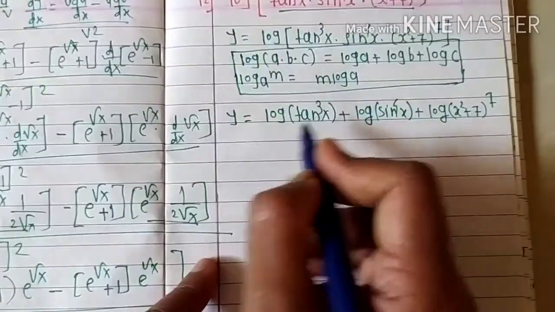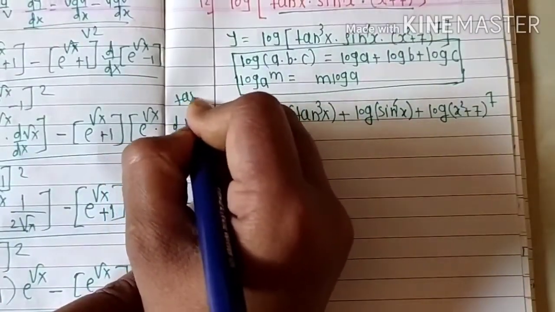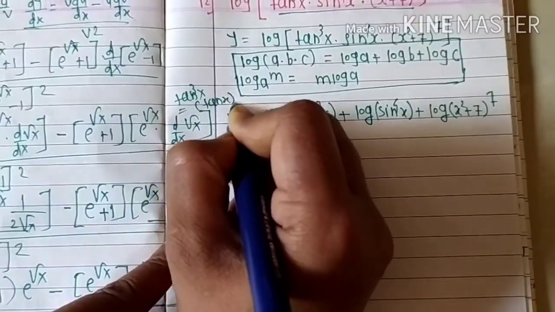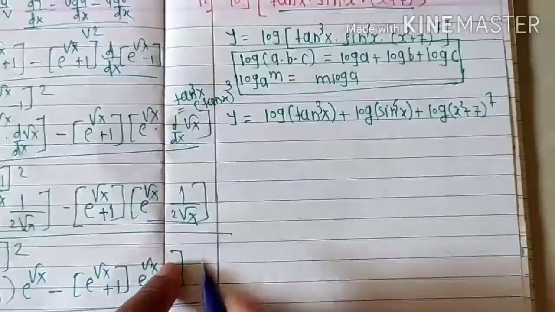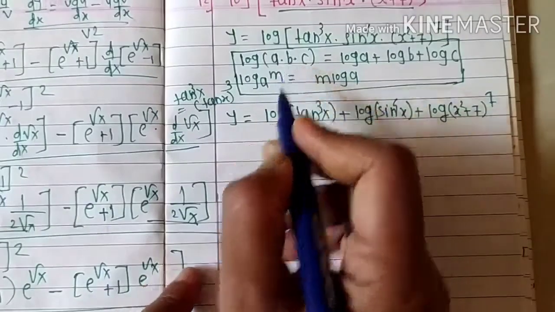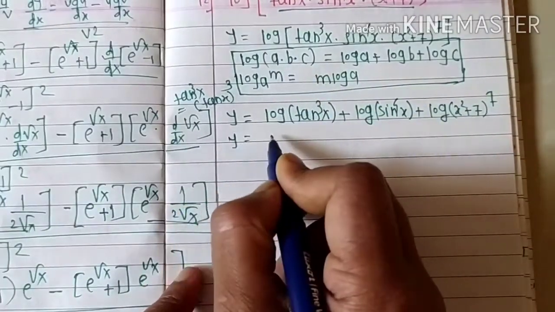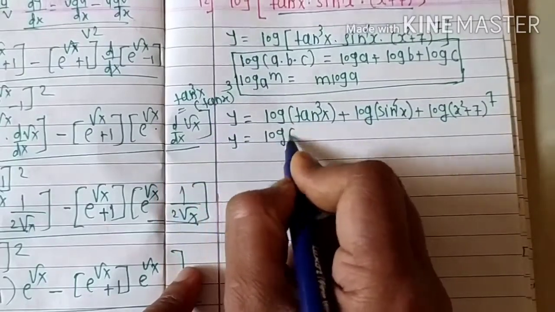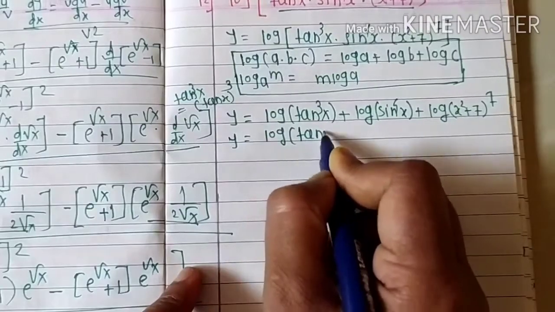Then again, this tan cube x means what? Tan x raised to power 3. In log a raised to m form, we get y is equal to log of (tan x) cube.